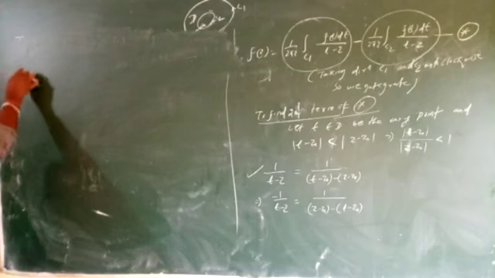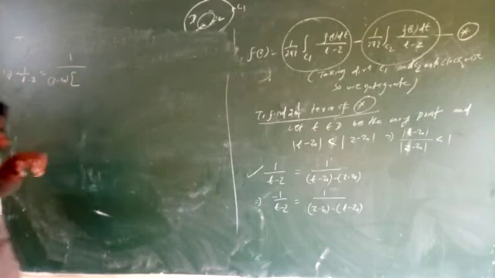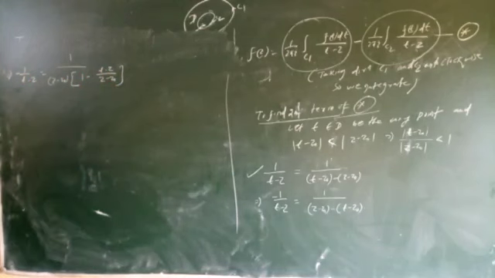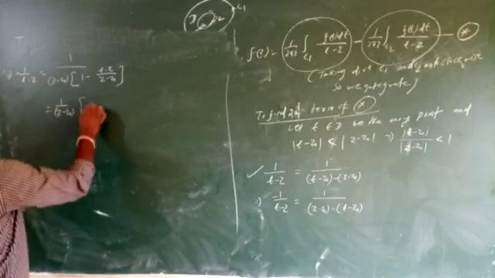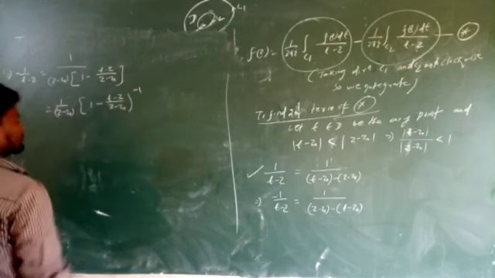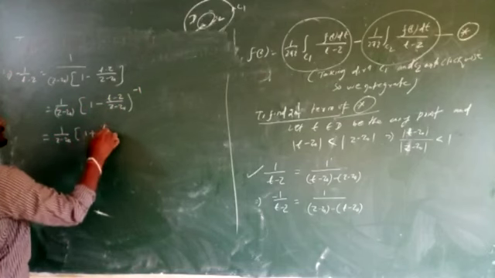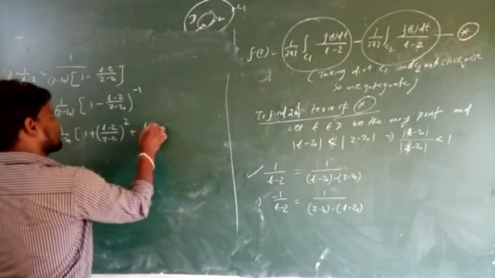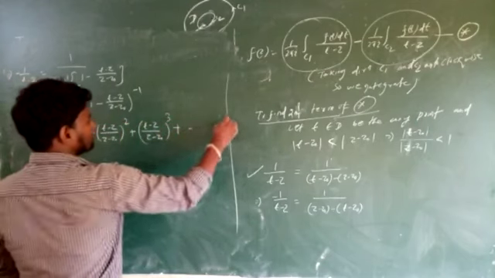That implies −1 / (t − z) equals, taking 1/(z − z0) common, 1 / (z − z0) times (1 − (t − z)/(z − z0)). This can be written as 1/(z − z0) times (1 − (t − z)/(z − z0)) to the power −1. Applying the binomial theorem: 1/(z − z0) times (1 + (t − z)/(z − z0) + ((t − z)/(z − z0))² + ((t − z)/(z − z0))³ + ... up to infinity).